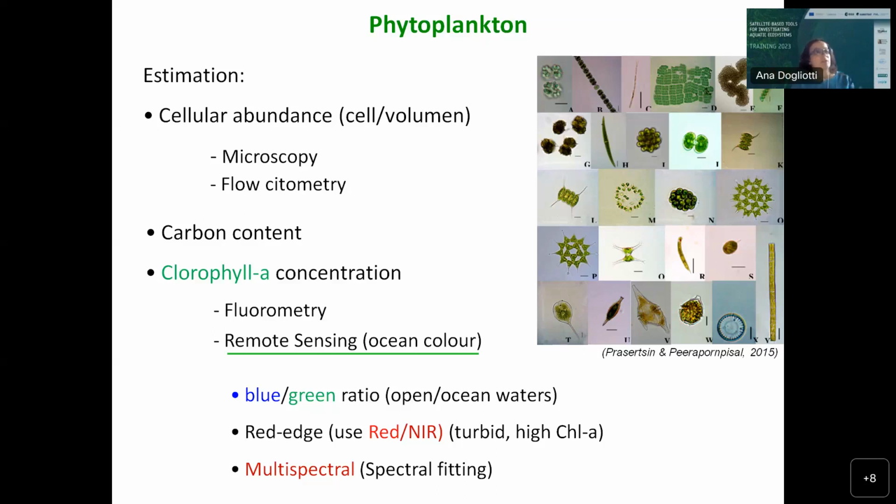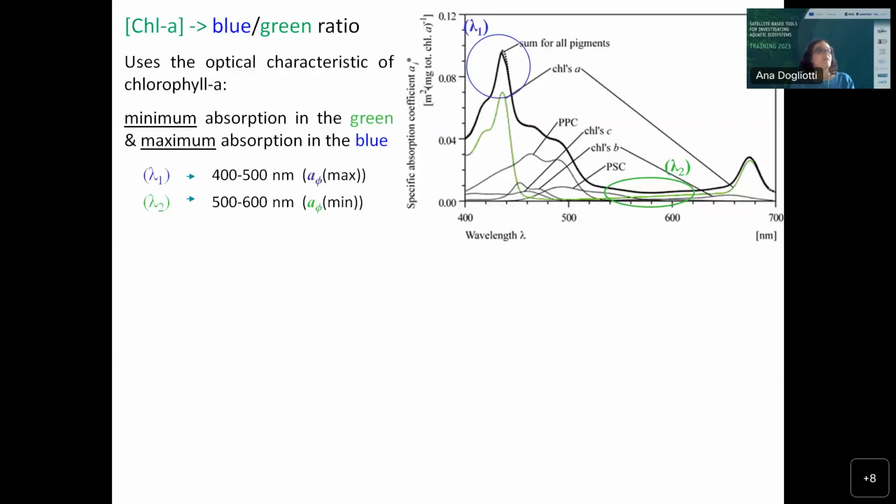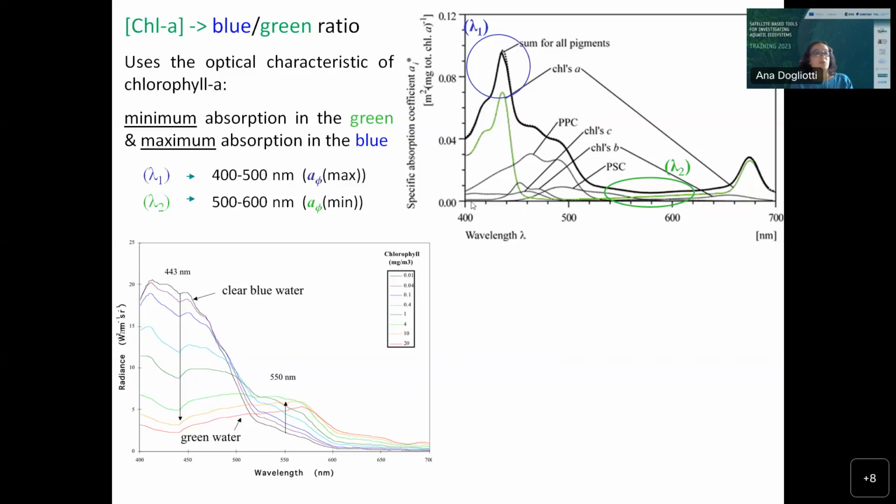So I will just mention and talk about the blue-green ratio, which is the most used, and the standard product of all sensors is the chlorophyll concentration for open waters. Basically, this algorithm uses the optical characteristic of chlorophyll, which has a minimum in the green and a maximum in the blue, which I showed you before.